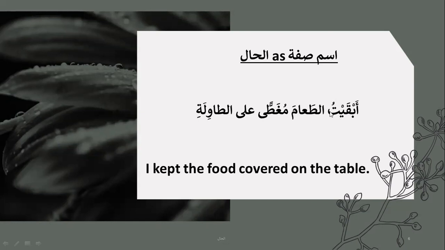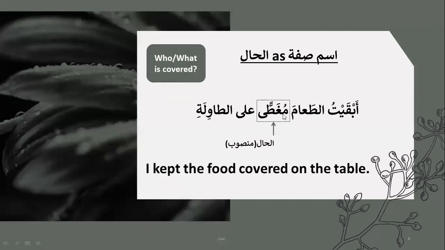So I kept what? Is it complete? No, I kept something which is the food. And this is your mutalliq bil fi'l, ala ta'wilati. Now notice mughazzan is additional information. Also notice it is nasab. So this might be your al-hal, which is mansoob, which is nasab.